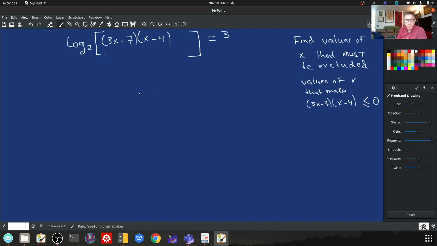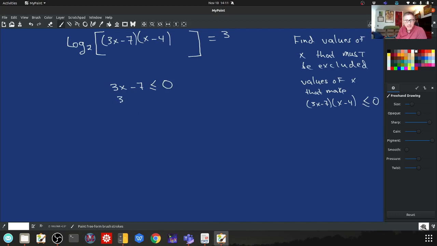So what we're going to do here is take each factor, 3x minus 7, and solve the inequality. 3x minus 7 is less than or equal to 0.